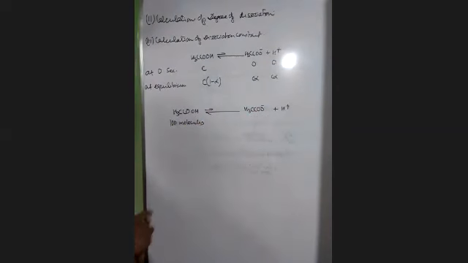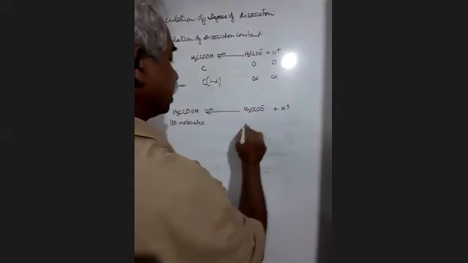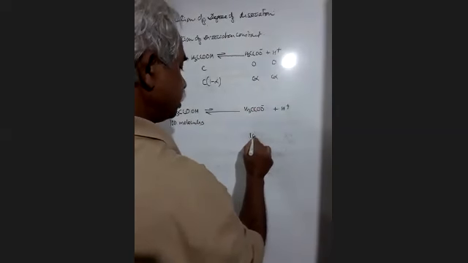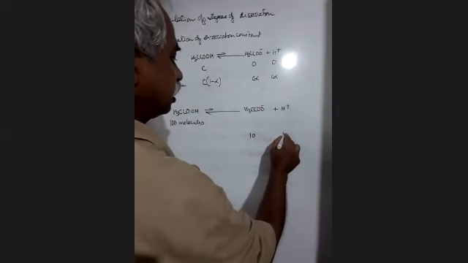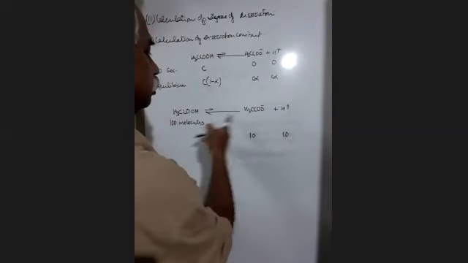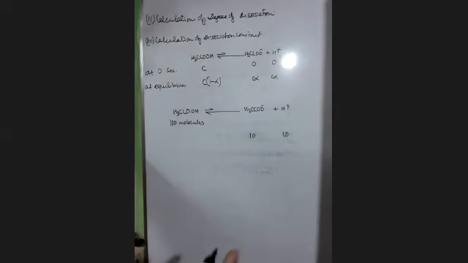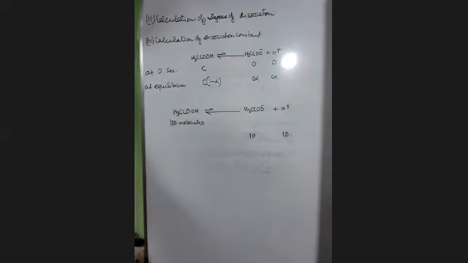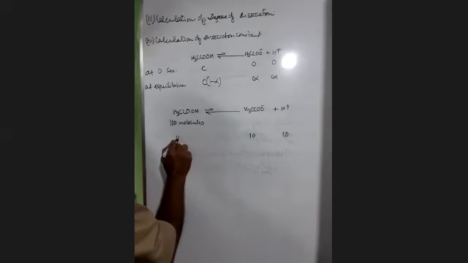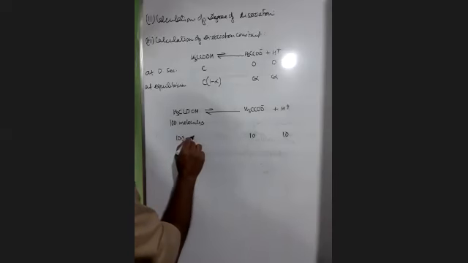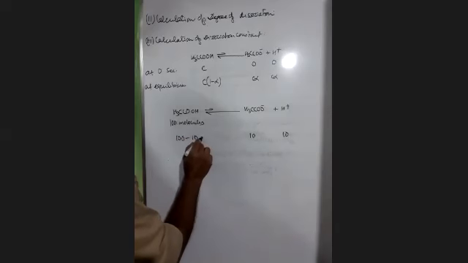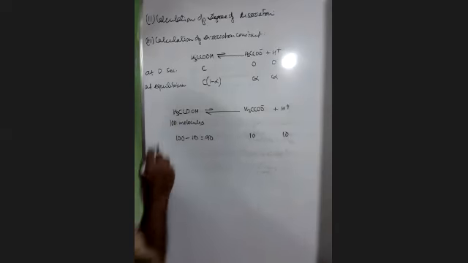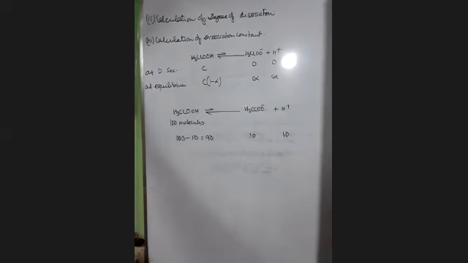So at equilibrium, only 10 molecules have dissociated. How many will be there here? 10, this is 10, and this is 10, because each molecule breaks into two parts. Now how many are not dissociated? 100 minus 10 is equal to 90. 90 molecules are remaining undissociated.